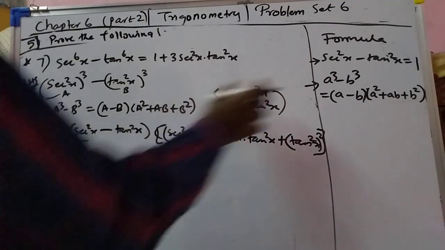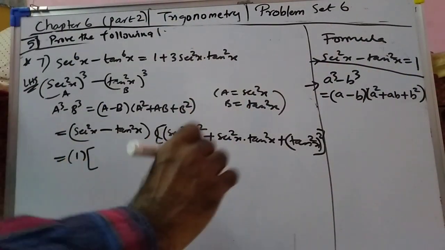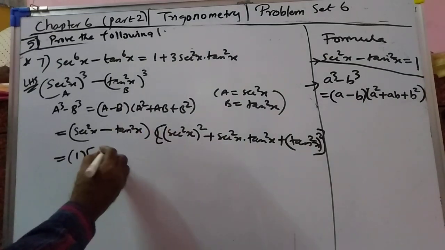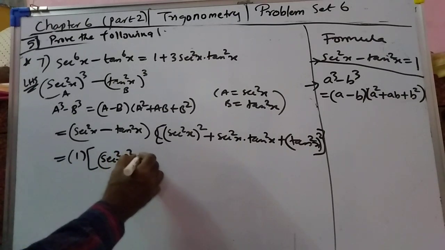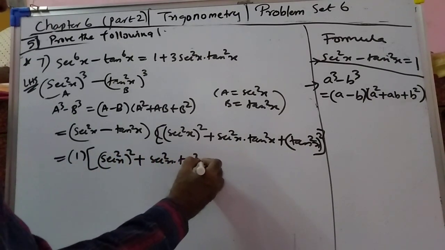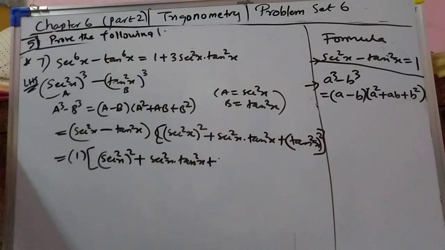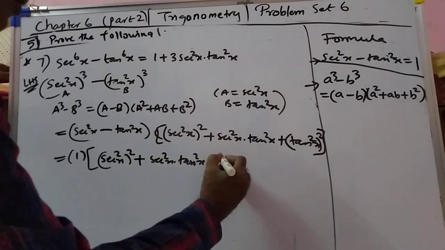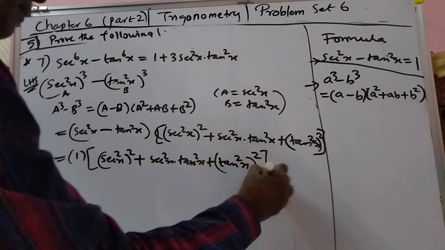But this is 1. So it will become 1, and this will become sec square x the whole square plus sec square x dot tan square x plus tan square x the whole square.